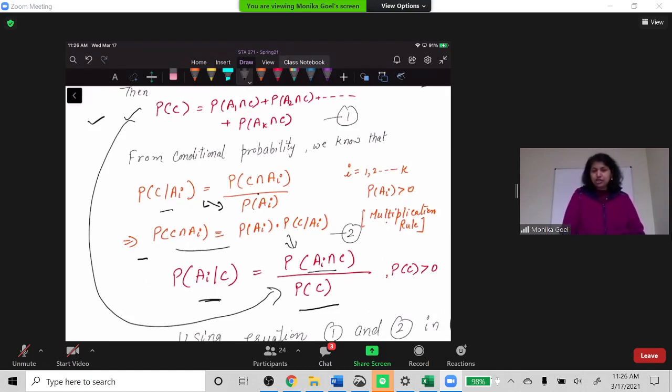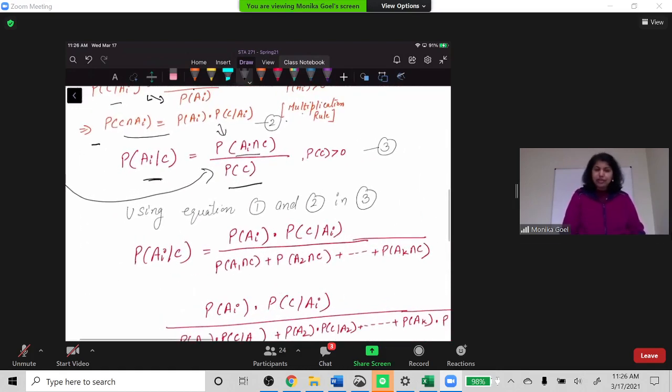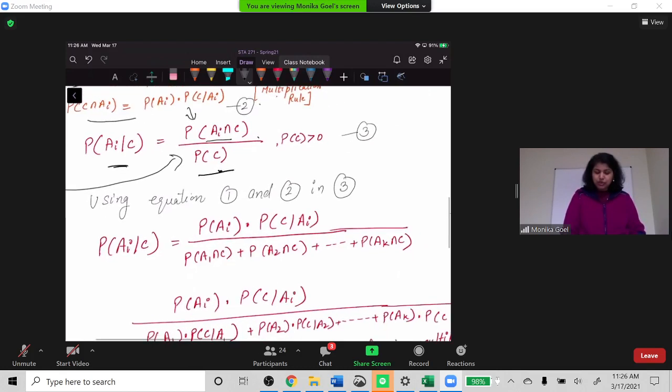Because C intersection AI and AI intersection C is the same thing. So using 1 and 2 in this equation, it becomes this. I have not done anything different. I just derived the probability of C, and I derived the probability of AI intersection C using your multiplication rule. And this is what we get, probability of AI given C.